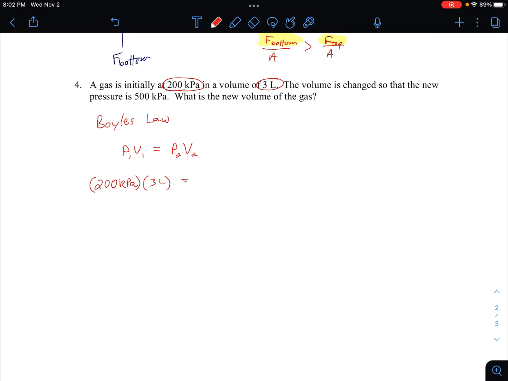And then on the right side, I have my final pressure, and I don't know the volume. So I'm just going to put in 500 kilopascals, and then my final volume, which is V2. I want to solve this equation for V2, so I'm going to do that by dividing both sides by 500 kilopascals.